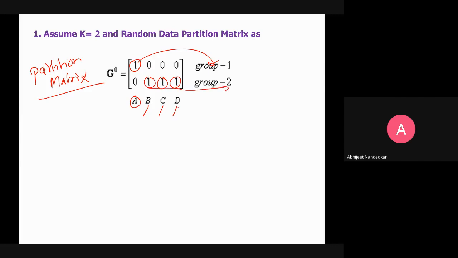So this is my random assumption, my initial guess. I have not seen any sample, but I am randomly making this matrix. It means that I am randomly assigning centroids for each group.